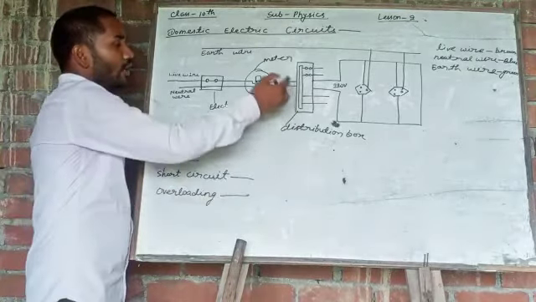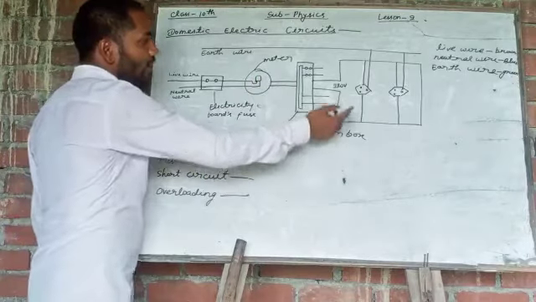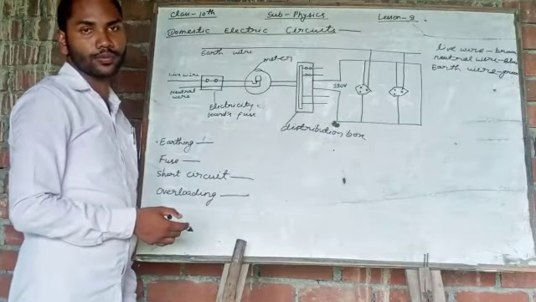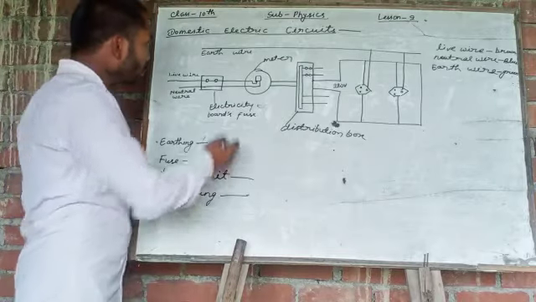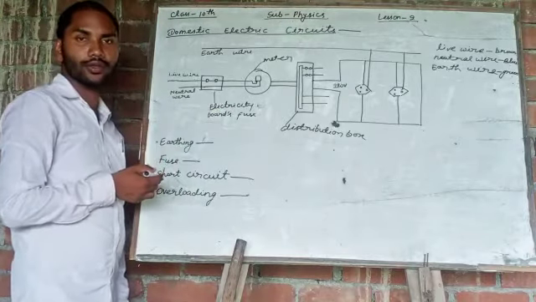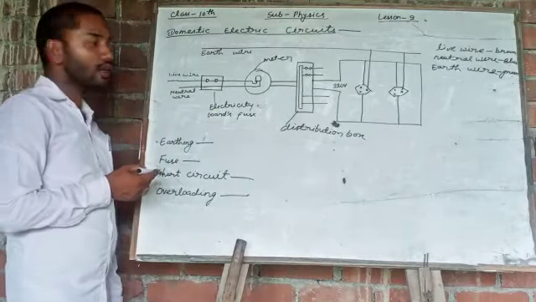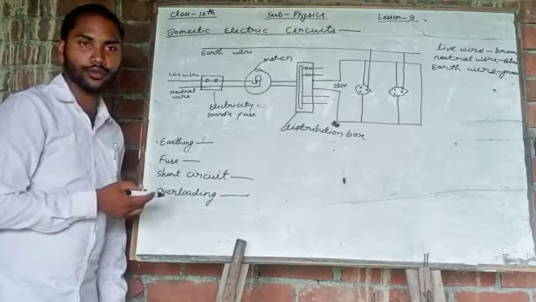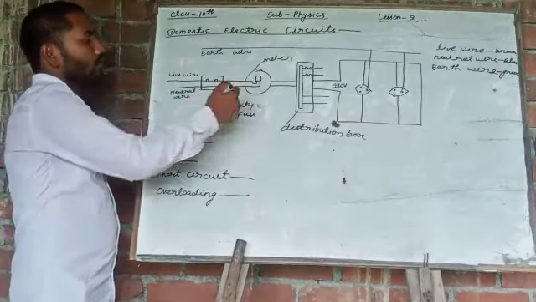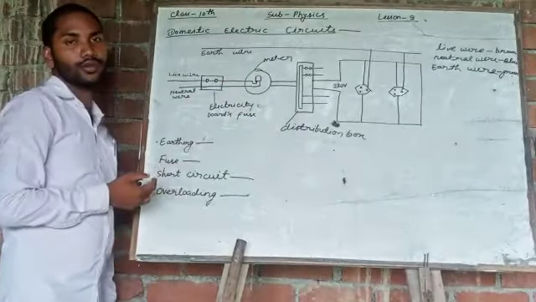From here electricity is distributed in our home. So this is the pathway by which electricity is distributed in our homes.